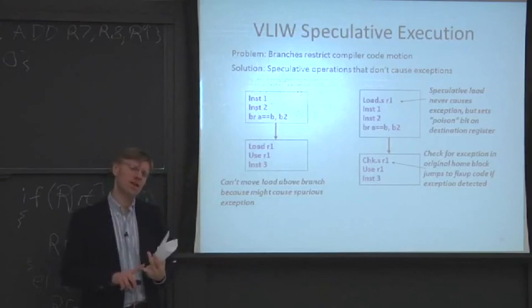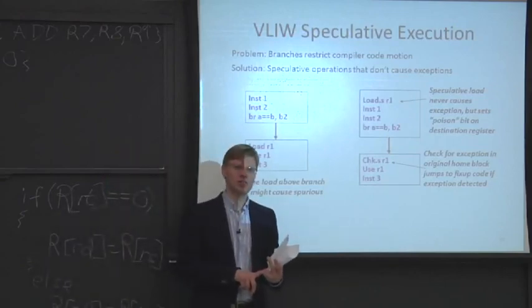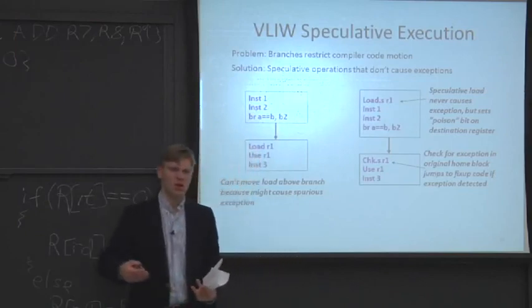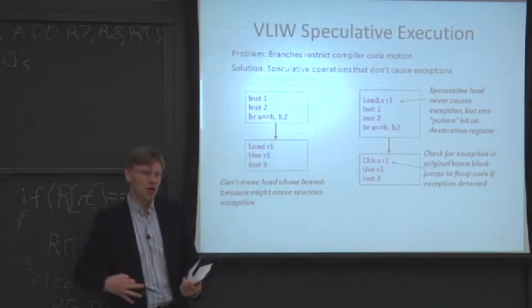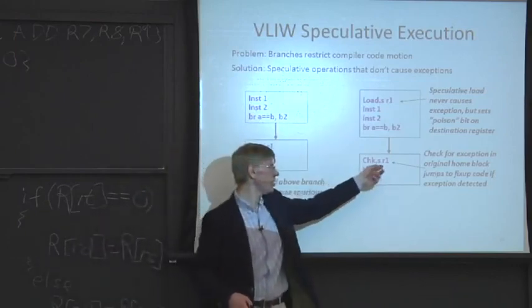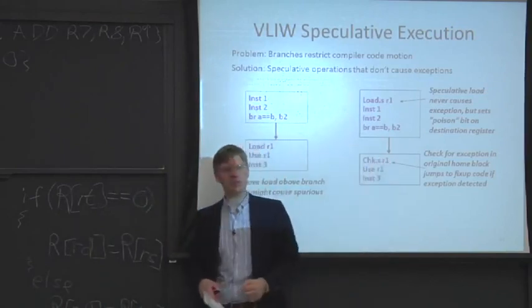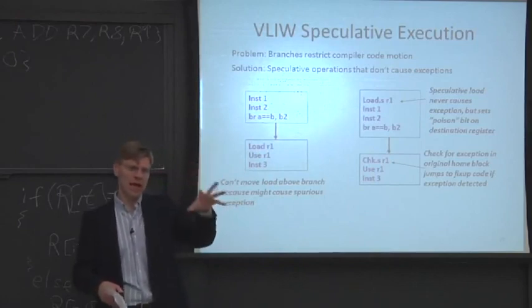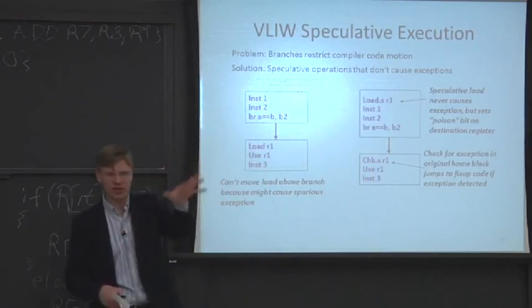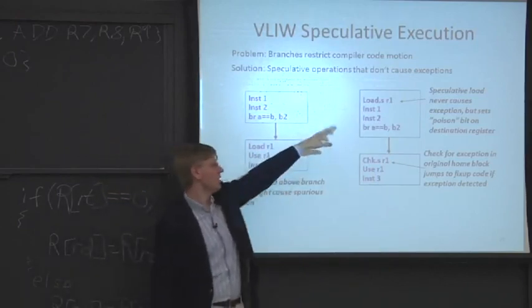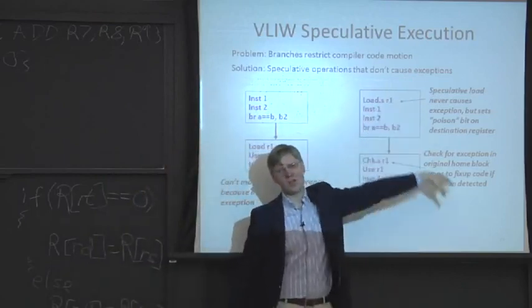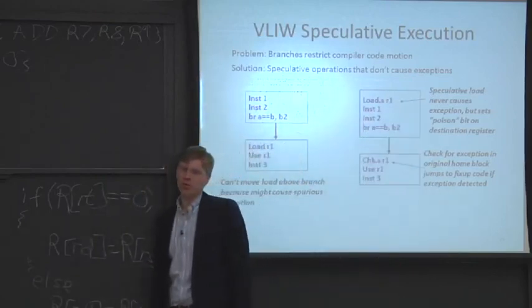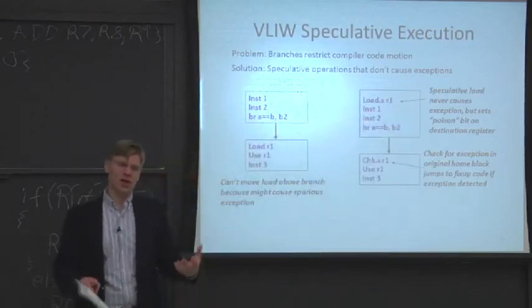But if any of the dependent instructions we've also speculated are not fine, then at some point in our code, we need to introduce this check instruction here, which sees if this value is not a number. So if it propagates all the way through your code, you have a load, an add, a sub, which all read and write, let's say, register 1, and there's a dependency tree from register 1 through that code sequence.